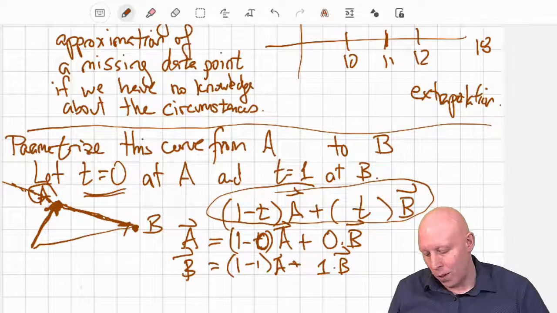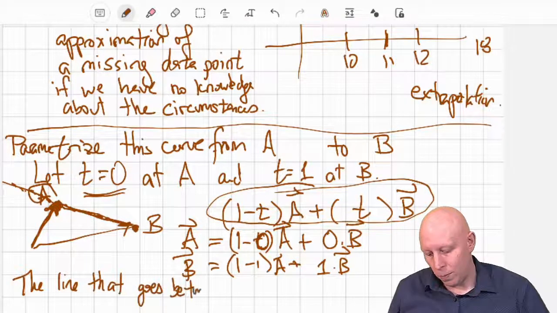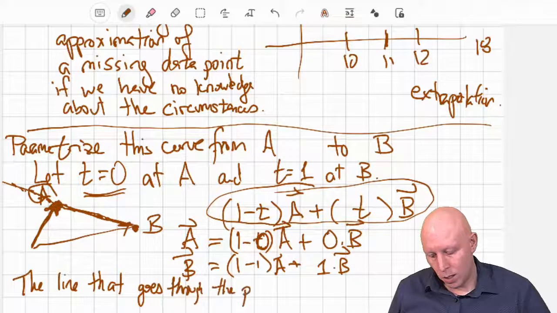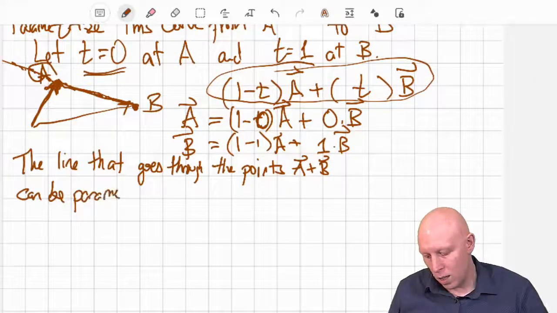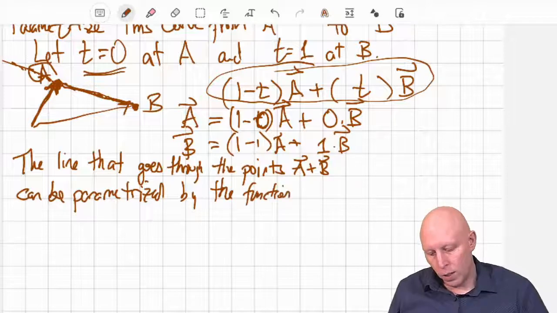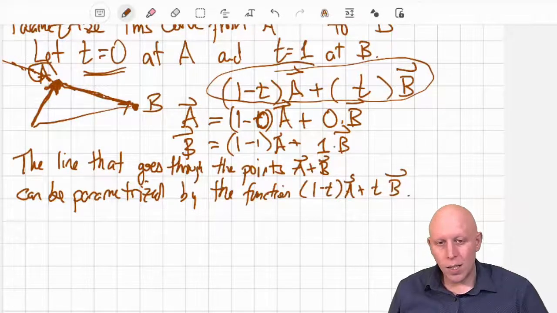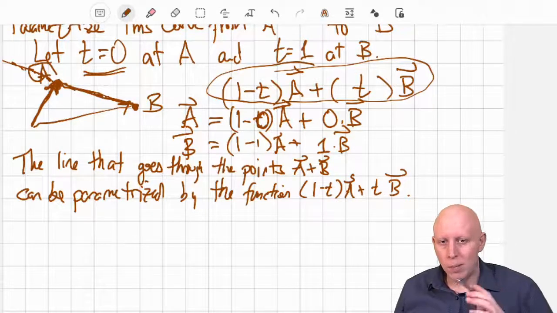What this is saying is that the line that goes through the points A and B can be parameterized by the function 1 minus t times A plus t times B. All right, and we'll go over to Mathematica in a second and see that.